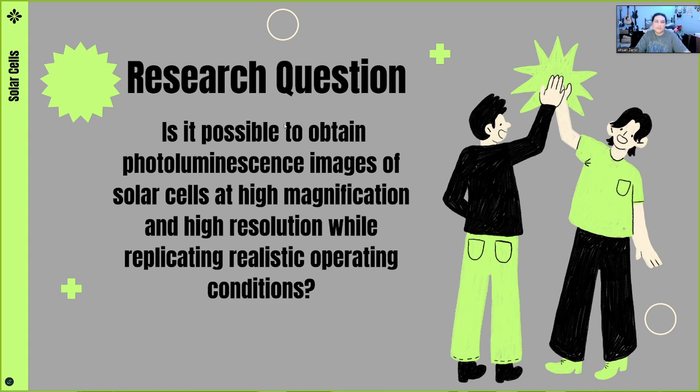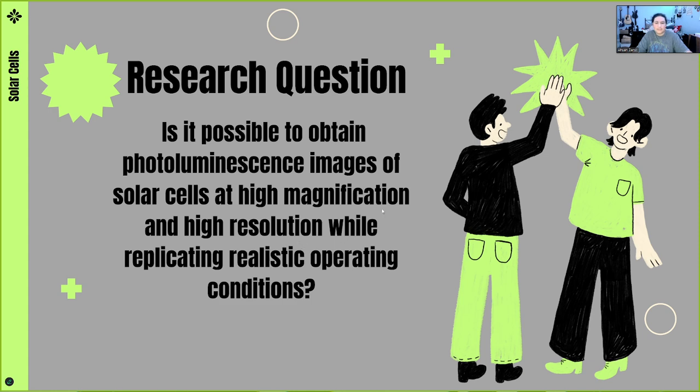So what is my research question? Is it possible to obtain photoluminescence images of solar cells at high magnification and high resolution while replicating realistic operating conditions? For photoluminescence, obviously it's just images, and then we want high magnification so that we can see into the cell's grain structure, and then we want high resolution so that we can see in fine detail and examine it.